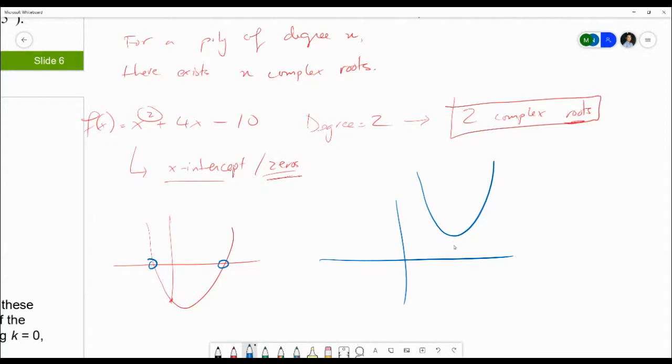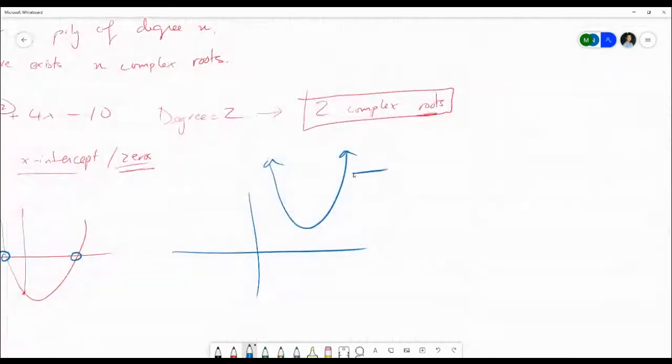So here we do not have any zeros or x-intercepts because you can see this parabola does not cross the x-axis. So this is where we have 2 complex roots. So a root is a solution to the equation, but it is not necessarily an x-intercept. So that's why we call that a root.